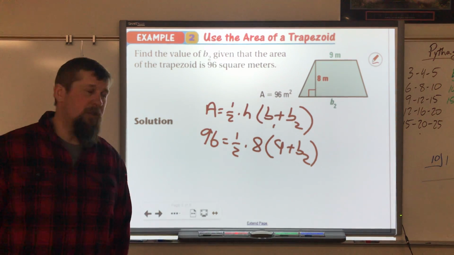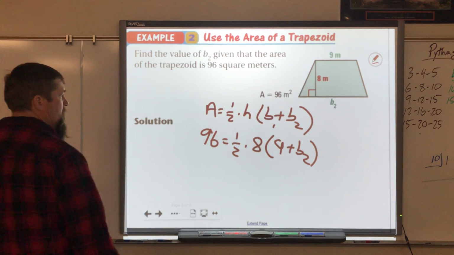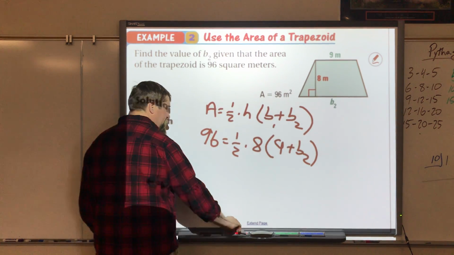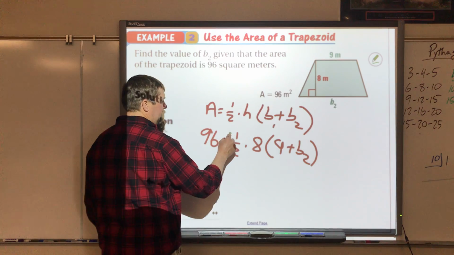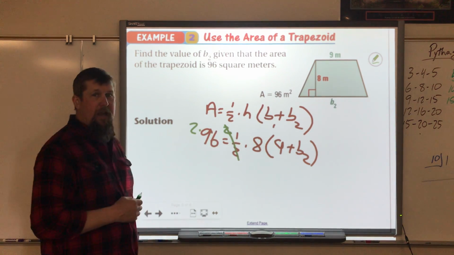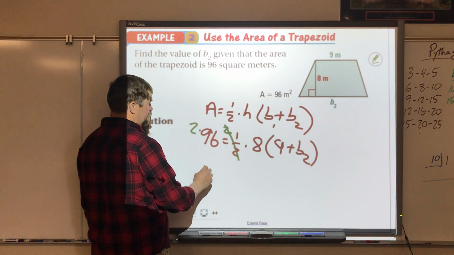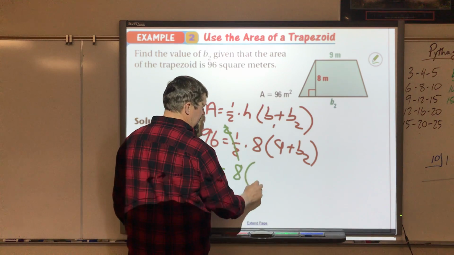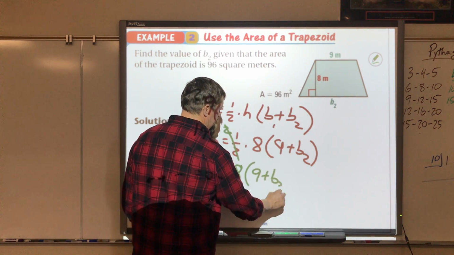You set up the formula just like you normally would, but this time you're going to solve for B2. What I like to do first, before anything, is I multiply both sides by 2. That cancels out the 1/2. So this ends up to be 192 equals 8 times 9 plus B2.